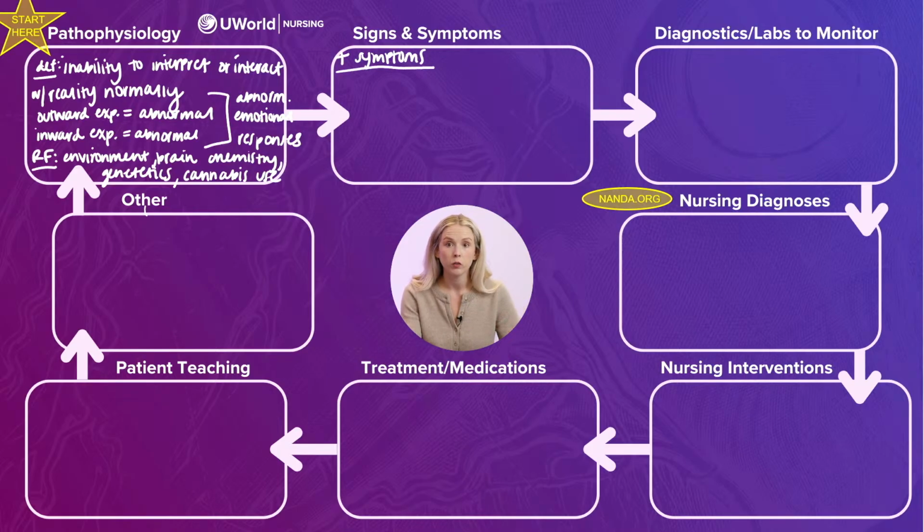All right, and a couple of ones to go over here. So the first one is hallucinations. And I want to make sure we drive home the difference of hallucinations versus delusions. So hallucinations are based on the senses. So these can be auditory, visual, tactile, or olfactory, meaning what we hear, what we see, what we touch, or what we smell. Hallucinations involve things the clients think that they see or hear, touch, or smell.